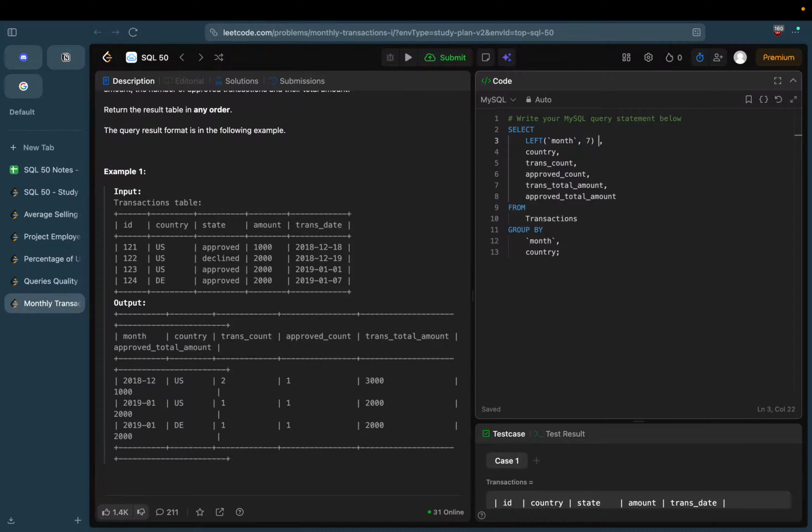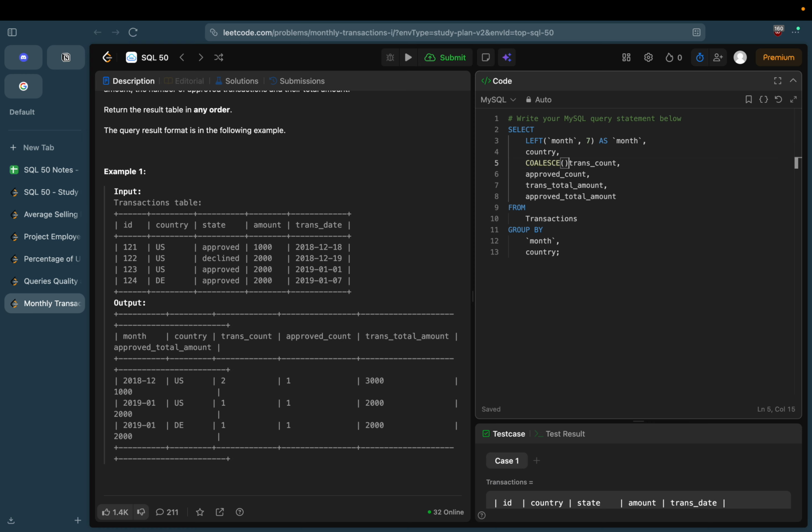I hope this made sense. And again I'll have to give this an alias of month. So the first 7 characters are taken and we'll get these values. That's number 1. Country can be directly picked up, no need for a calculation over there. Then count of transactions. Alright, let's do some error handling over here.